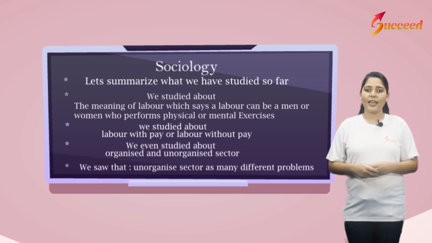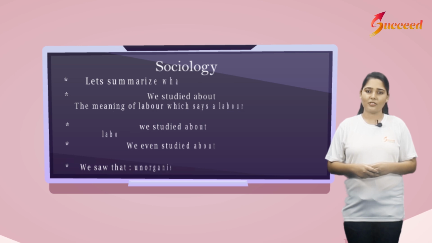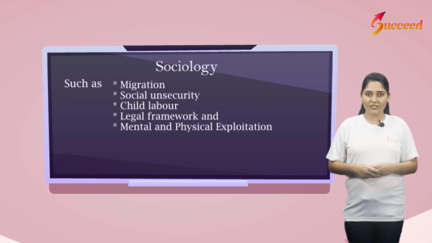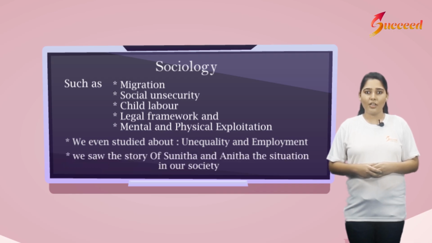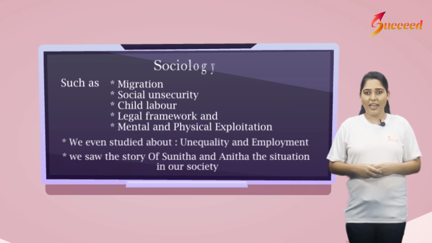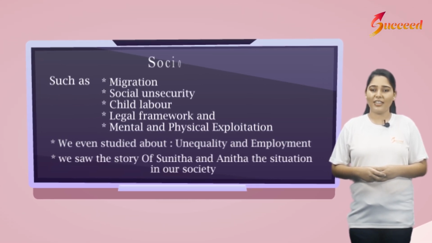We saw that unorganized sector has many different problems, such as migration, social insecurity, child labor, legal framework, and mental and physical exploitation. Then, we even studied about inequality in employment. We saw the story of Sunita and the situation in our society.